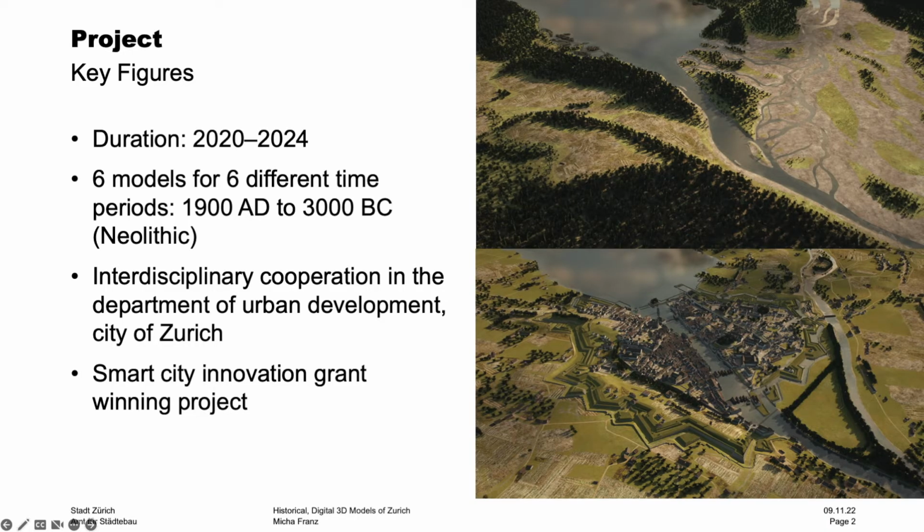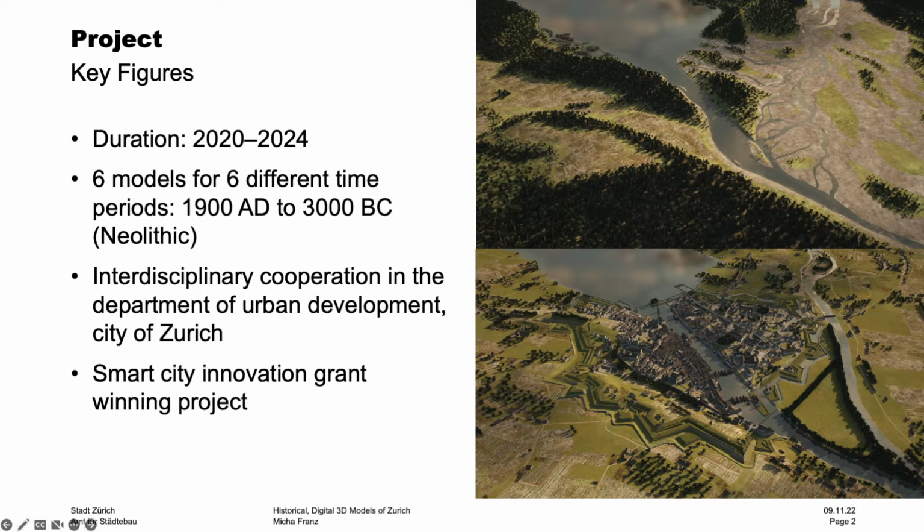The project started 2 years ago and is running for another 2 years. We are now around half-time of the scheduled agenda, and we are currently working on the time period around 1500. In total, 6 time periods will be released, ranging from 1900 all the way back to the Neolithic 3000 BC.